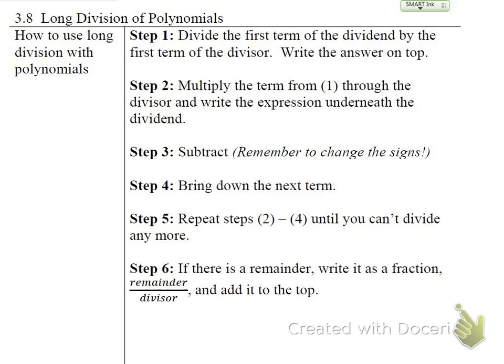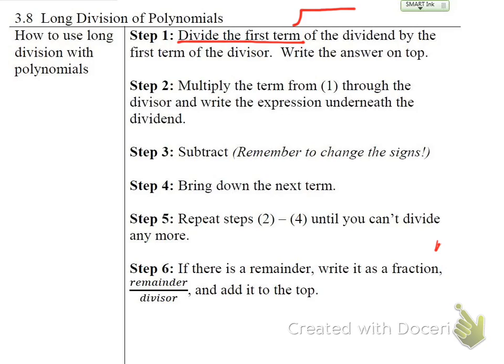So, step 1. First step is you're going to make sure that you set it up like a long division problem, and you are going to divide the first term of the dividend. So you're going to set it up like long division. Remember long division, guys?